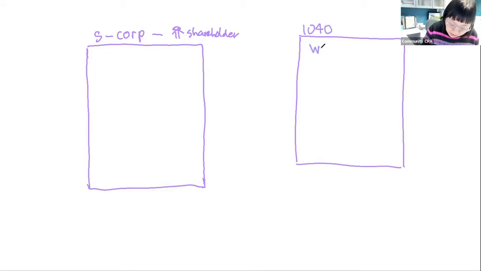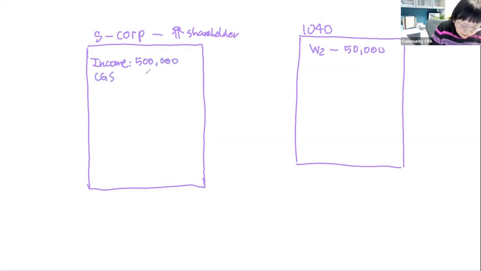And I make W-2 income of 50,000. And my S-corp has income because I actually have a small restaurant. So I make about 500,000 in sales a year. And of course, cost of goods sold takes about 100,000 away. That's my food cost. So my gross profit is that.